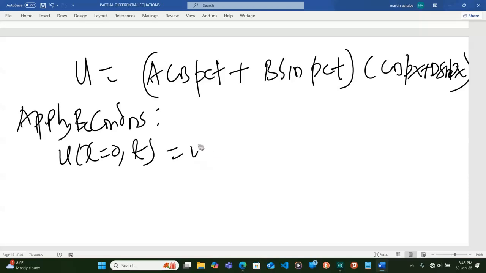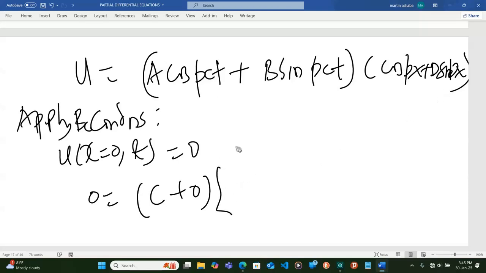So what is that going to give us? If I put in 0 here, I will have a cos 0 plus b, times c, then plus 0. So I will have 0 is equal to c plus 0 because the sine of 0 is 0.